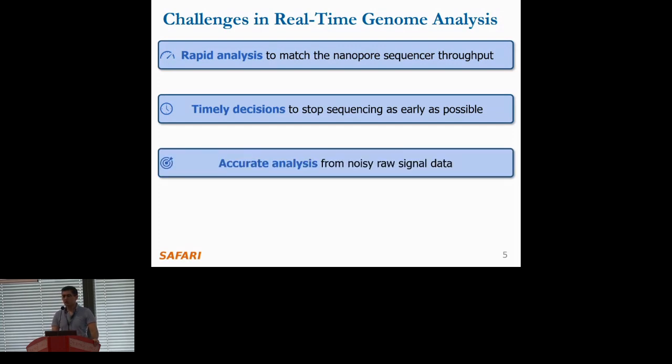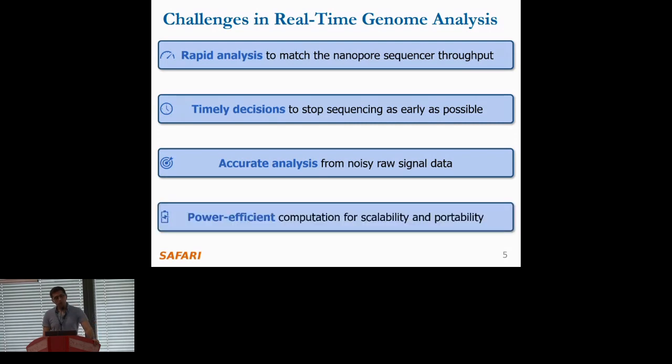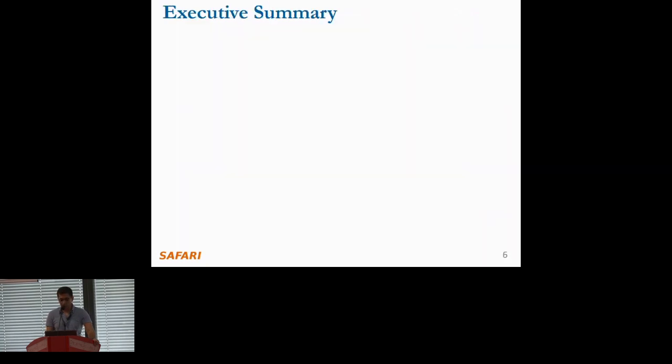Noise in raw signals can cause variations even among the signals from identical nucleotides. Despite this, raw signal data holds richer information than just individual bases. Fourth, we need to achieve efficient computation for scalability and portable sequencing that is often connected to resource-constrained devices such as mobile devices.